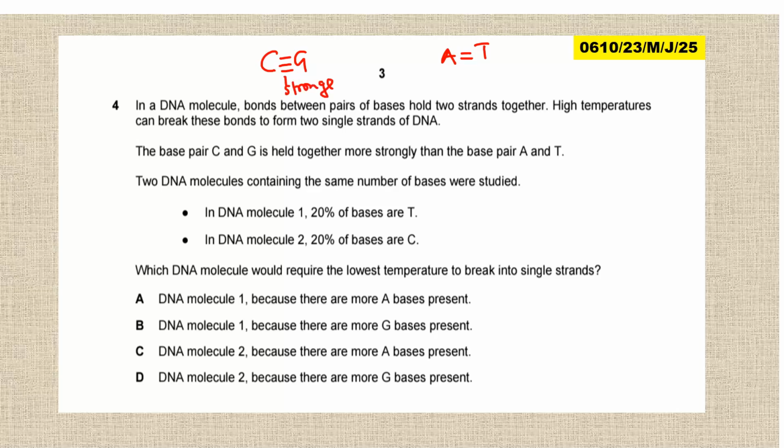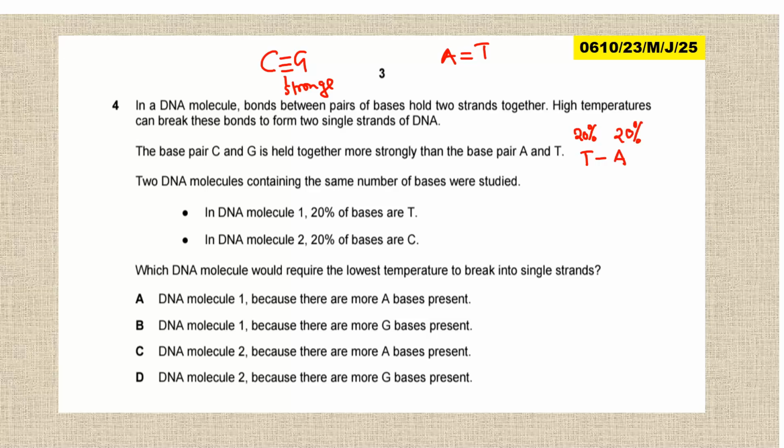Two DNA molecules containing the same number of bases were studied. In DNA molecule 1, 20% of bases are T. Do you know what it means that 20% are T? T pairs with A, so where you find T, you also find A. If this is 20%, it means that A is also 20%.